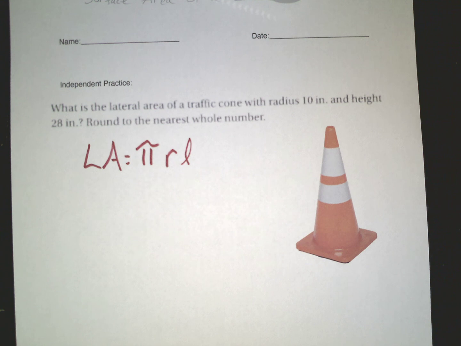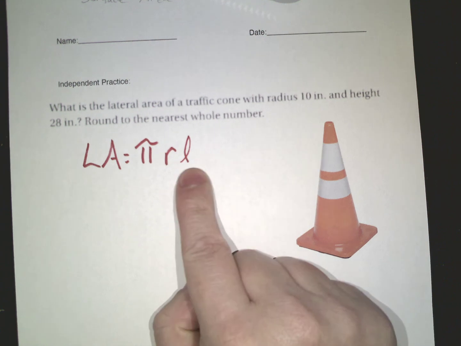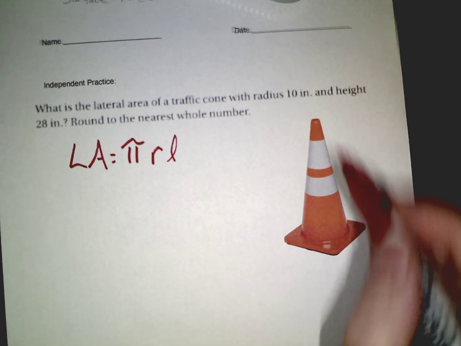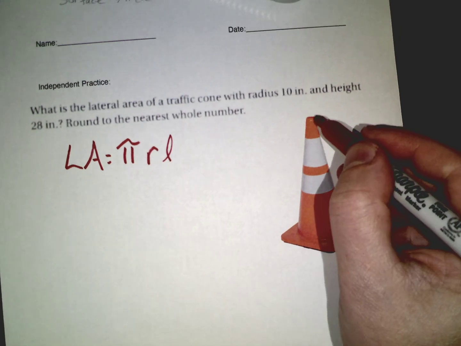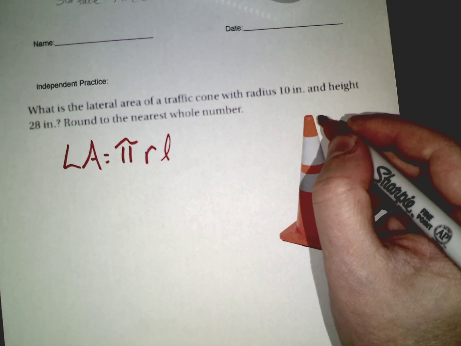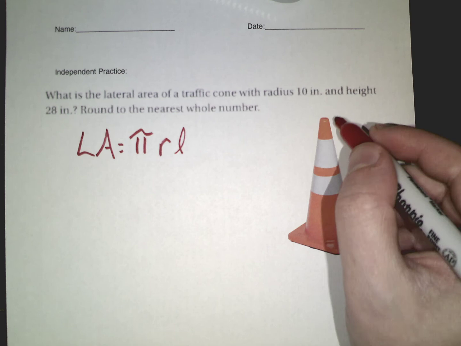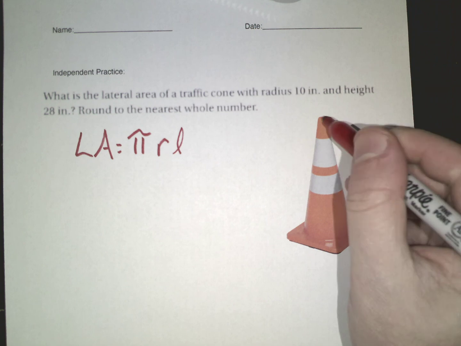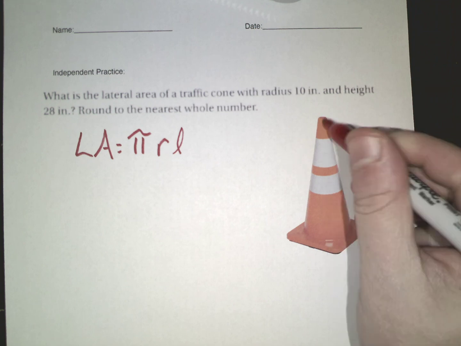Now, the problem with this is going to be the L. With this problem, they're telling us the height, which is the top here to the bottom. I want the height going down. Imagine getting on a skateboard or a pair of skis and sliding down that mountaintop. I want that height. I don't want the height from here to here.